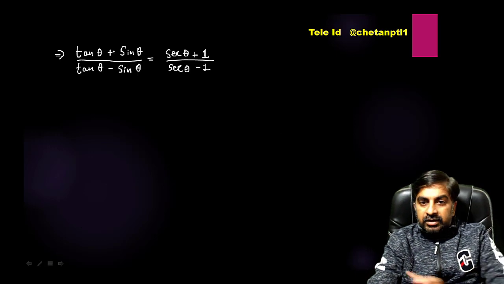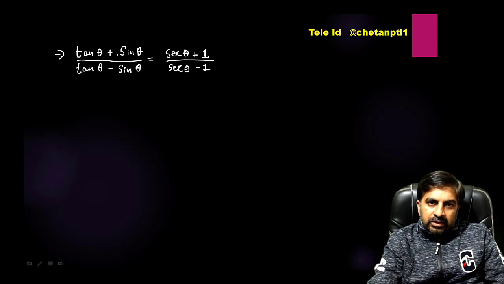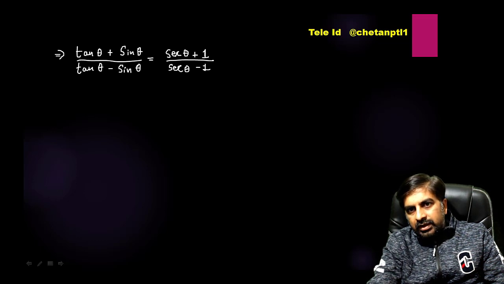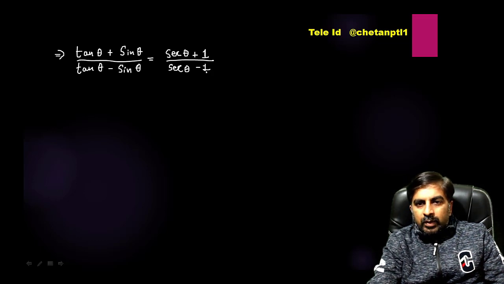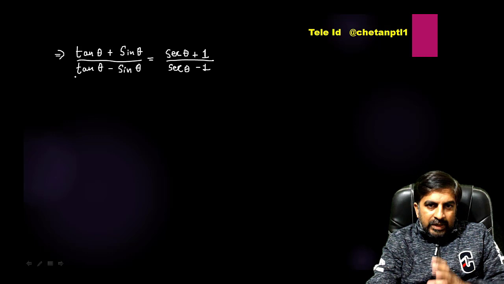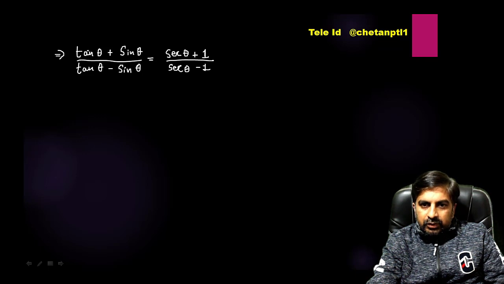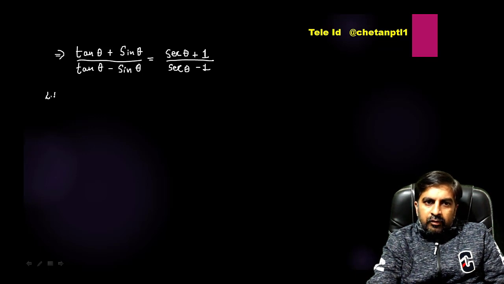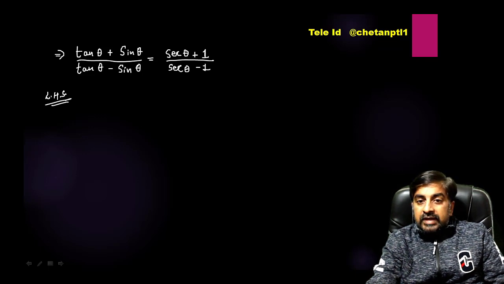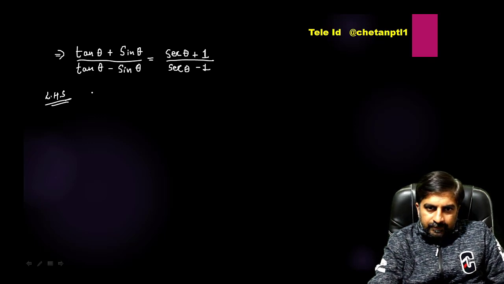You can see in this question, I have tan theta plus sin theta and tan theta minus sin theta, and I have to convert that into sec plus 1 and sec minus 1. Here I can convert this into sin and cos. I told you in previous videos also that every time you should try to convert it into sin and cos. So here we can do the same thing.